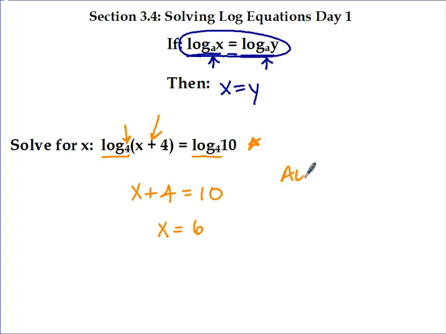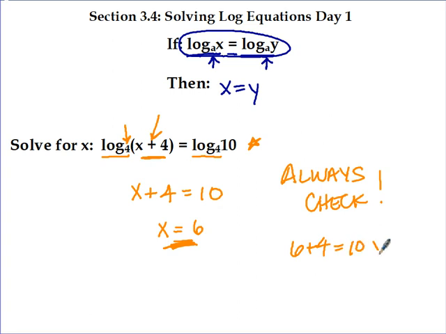Always check. We're not saying that this number has to be negative or can't be negative. We have to make sure that together is not negative. So 6 plus 4 equals 10, we're okay.